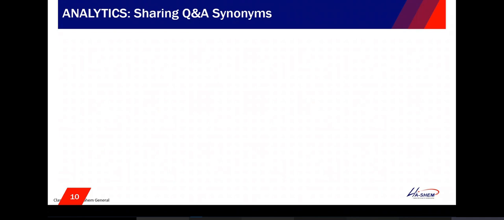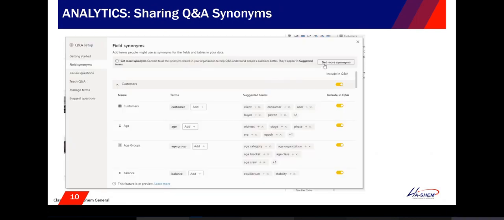So how do we get to share the synonyms? You could connect to shared synonyms navigation in the question and answer setup, and you would see the field synonyms, and then you get more synonyms. On the field synonyms category, you can get more synonyms, and then you can input more synonyms to your data.